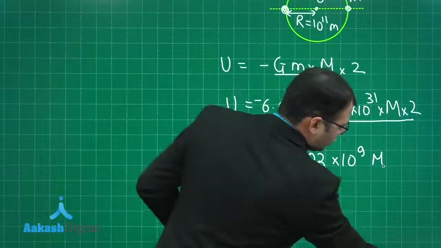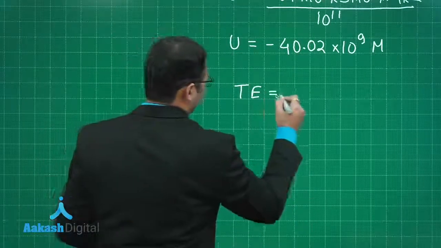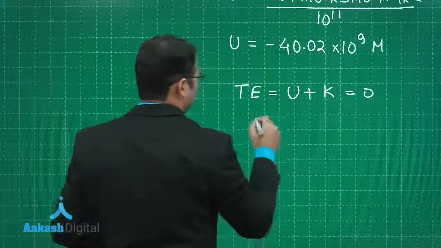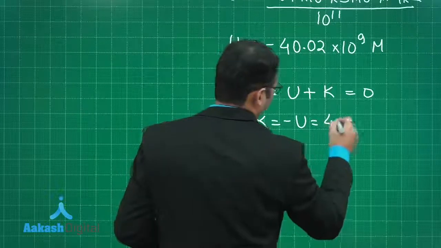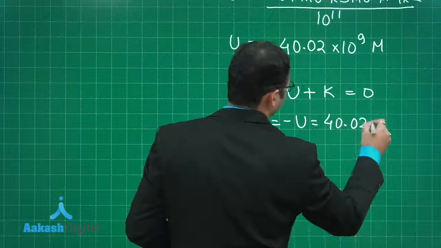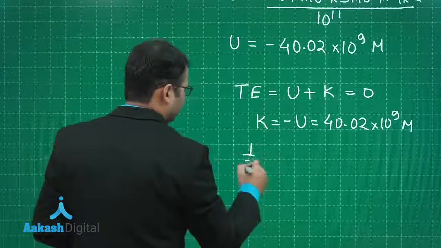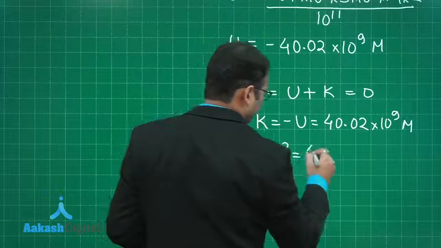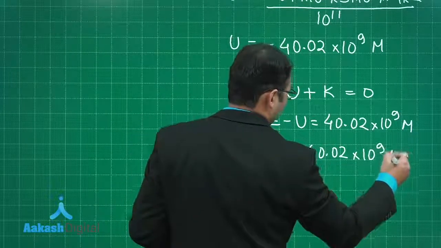Now, in order to escape, the total energy of this meteorite, that is U plus K, the kinetic energy, should be 0. From here you can say K would be equal to minus U, that would be equal to 40.02 into 10 to the power 9 m. And for kinetic energy, you can write half into the mass of the meteorite into V square, and that would be equal to 40.02 into 10 to the power 9 m.